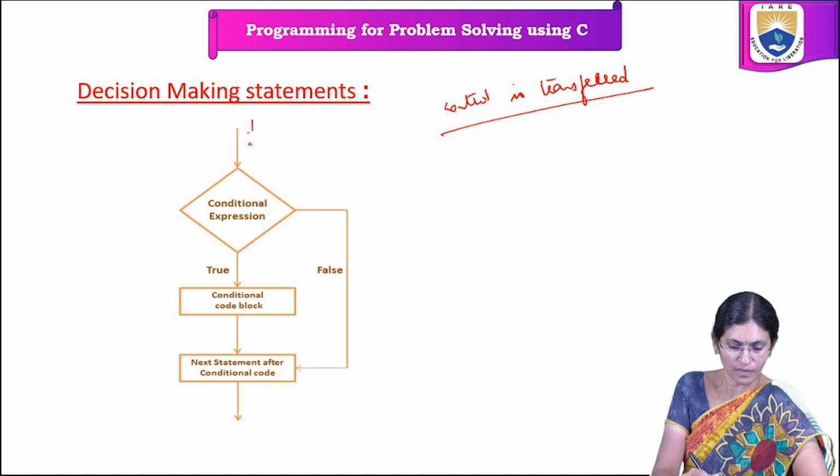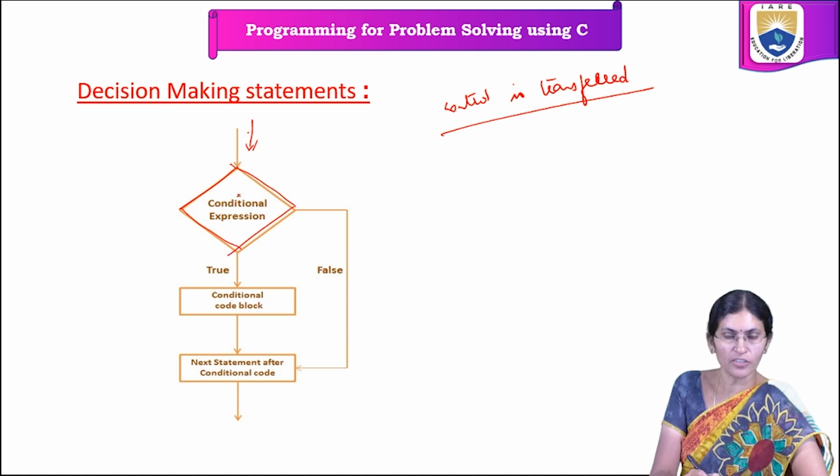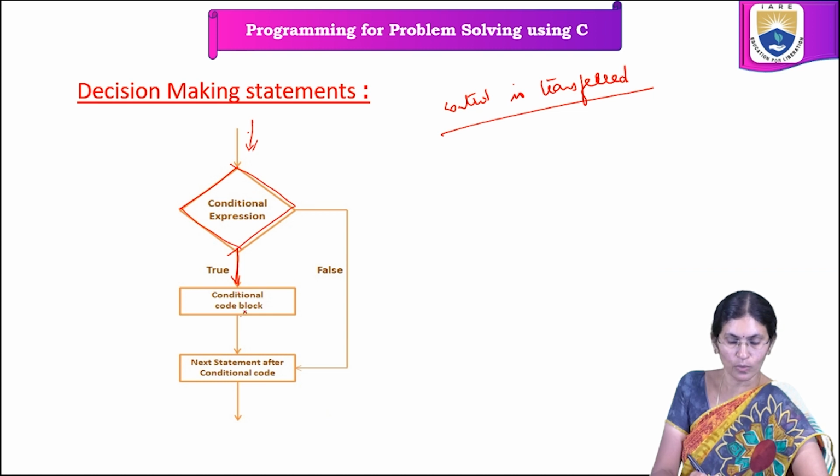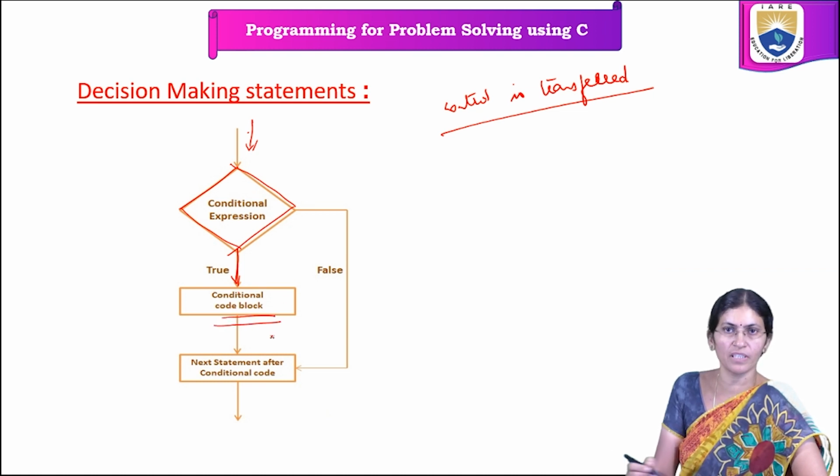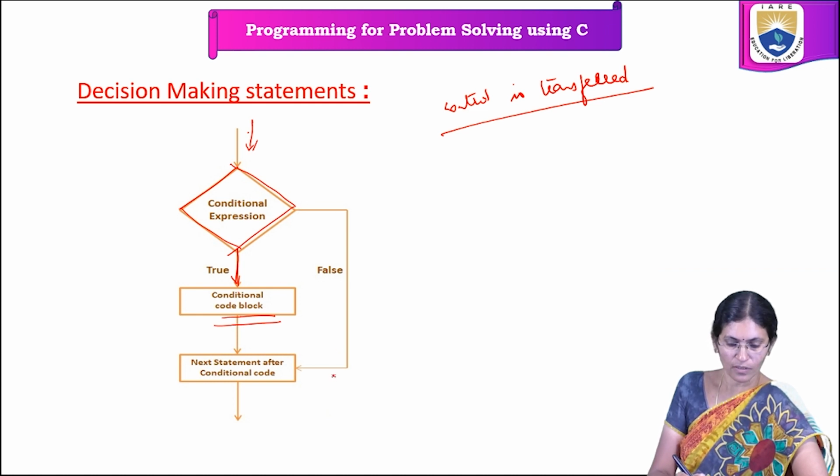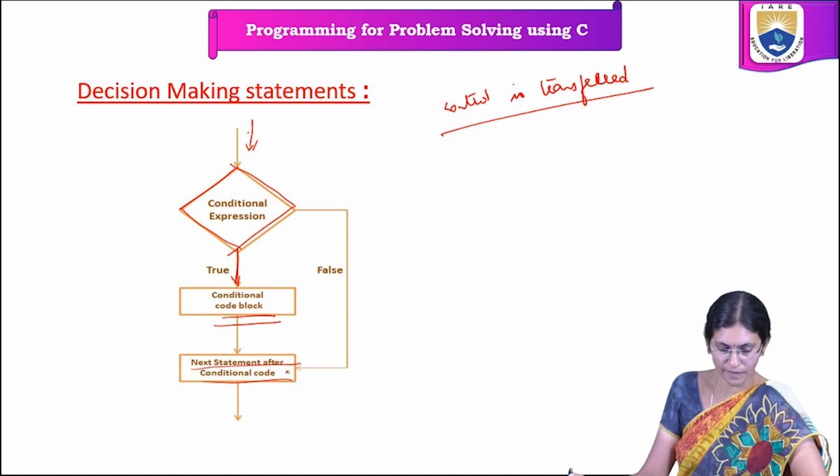As soon as the program encounters a decision making statement, it will check the conditional expression. If the conditional expression is true, whatever statements are written inside the conditional code block will be executed. If the condition is false, the next statements after the conditional code are executed.